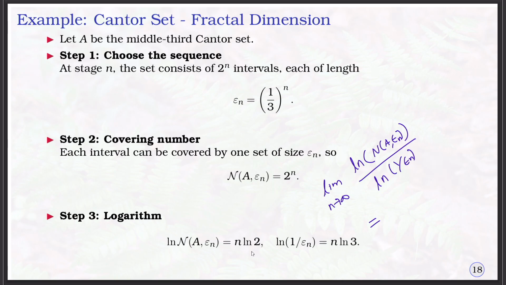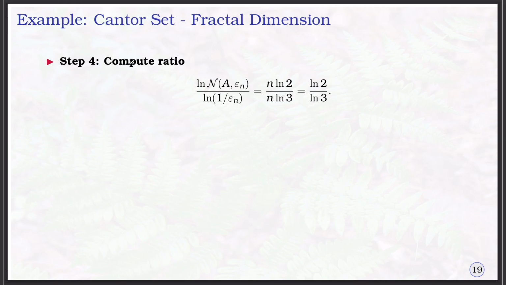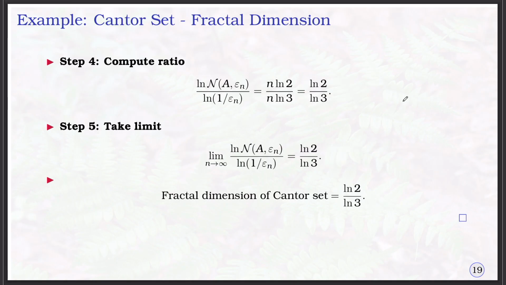So, if you take the logarithm, the numerator is n times ln 2, and the denominator is n times ln 3. Now, n will cancel, so we get ln 2 by ln 3. So, if you take the ratio between the two numbers, one can get ln 2 by ln 3.